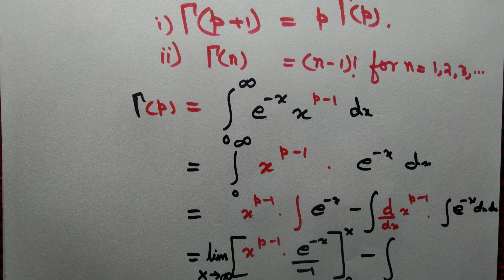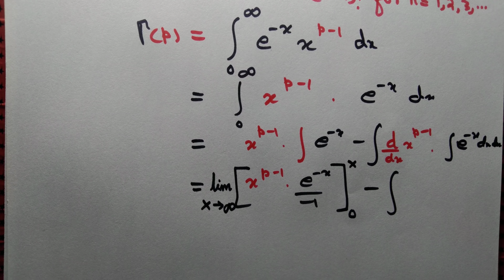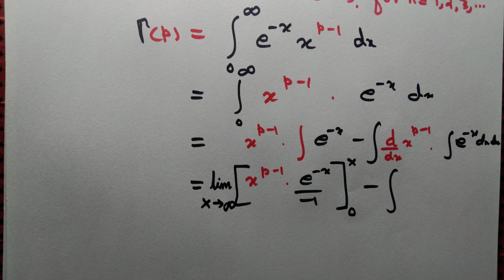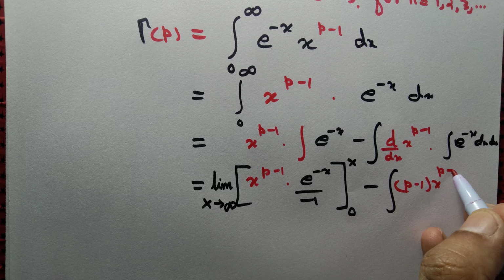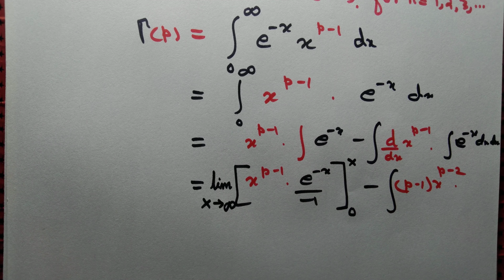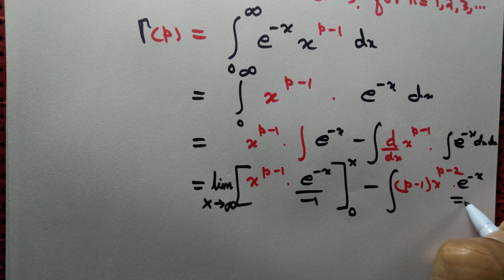Minus d/dx of x to the power p minus 1, which is p minus 1 into x to the power p minus 2, times the integral of e to the power minus x, which is e to the power minus x by minus 1, dx.